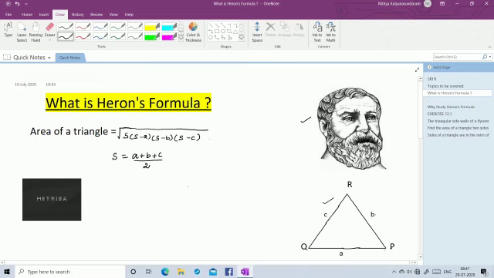Half of the perimeter we call the semi-perimeter. So s means semi-perimeter. a, b, c are the sides of the triangle. The proof was given in the book called Metrica, written by Heron, and the result is called Heron's formula.